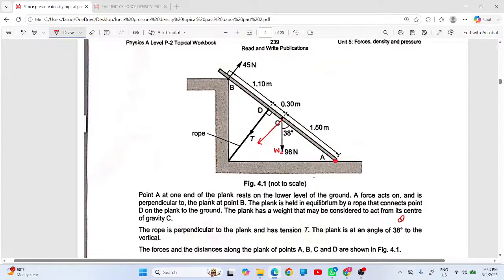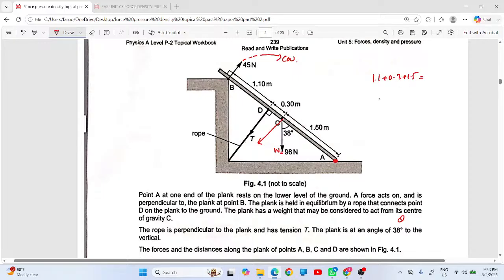So clockwise moment is due to 45. This creates a clockwise moment. So 45 and its distance from the pivot is what? 1.1 plus 0.3 plus 1.5.